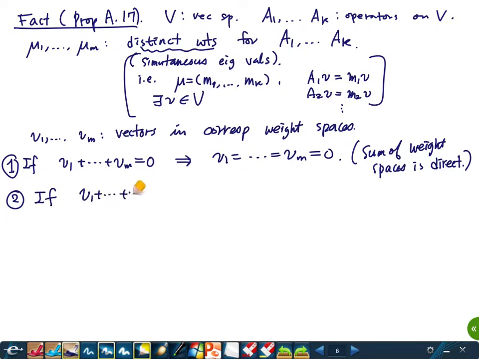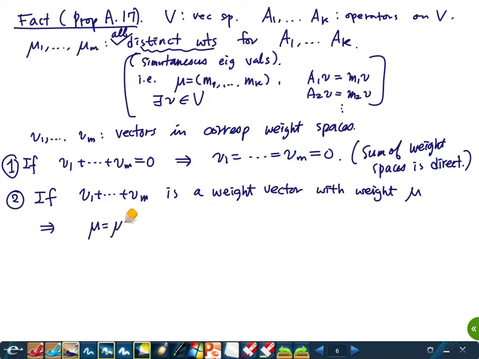And the second statement of this fact is that if the sum of v1 through vm is a weight vector with weight mu, and by the way these are all distinct weights, then mu must be one of these, mu j, and the other vi equal 0 for all i other than j.